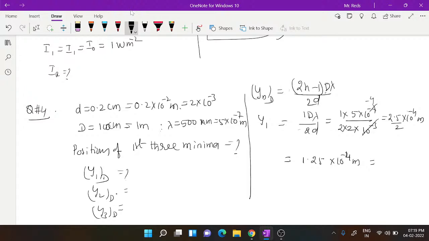That's it. So y1 is 5 into 10 power minus 7 by 2 into 2 into 10 power minus 3, minus 4. So 5 by 4.